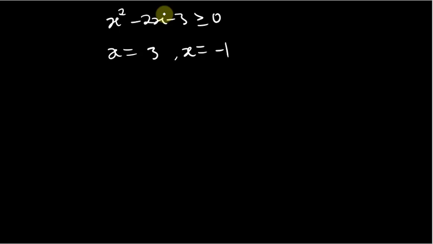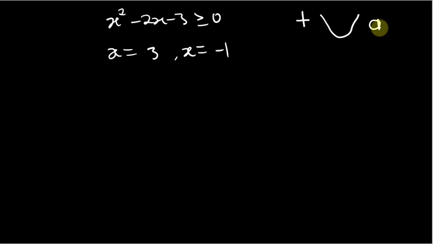Now, without going through the process of graphing the quadratic expression, you can use the coefficient of x squared to determine the shape of the curve you are going to get. Anytime the coefficient of the square term is positive, the shape is going to be like this, that is the U shape.